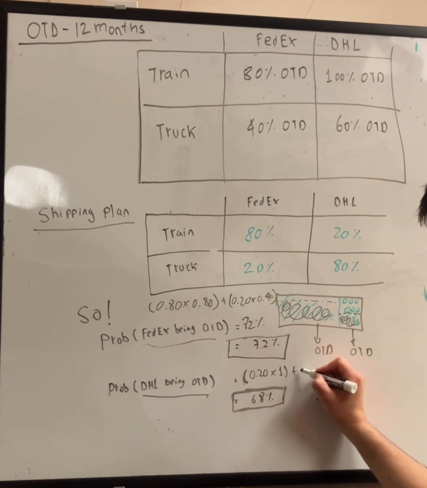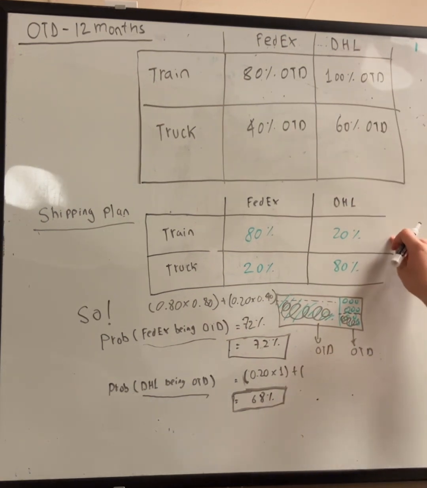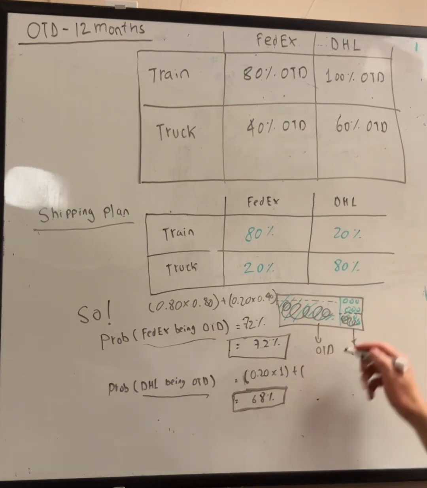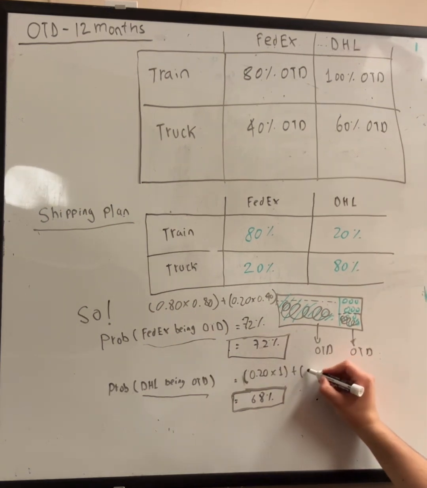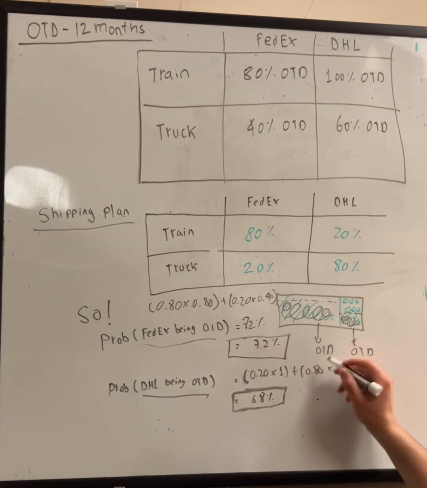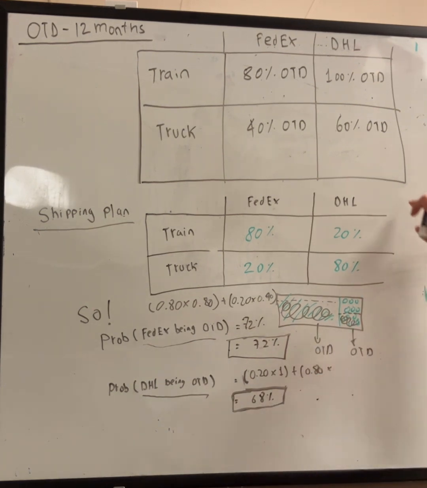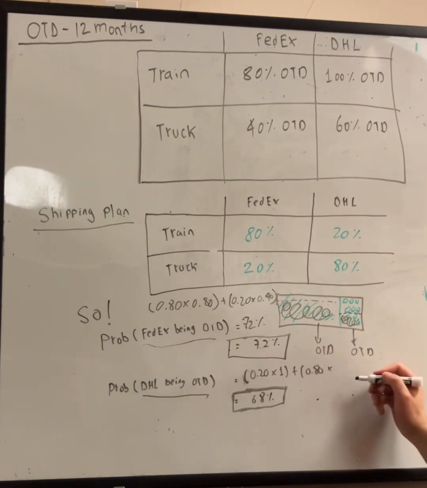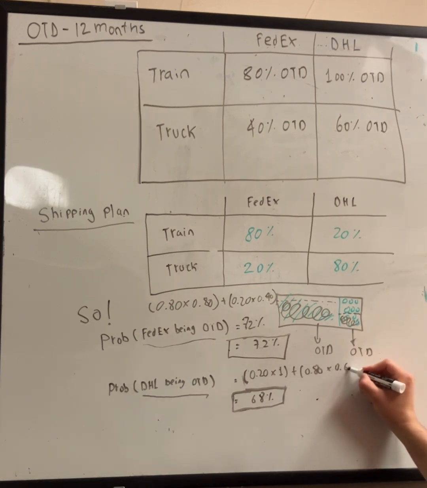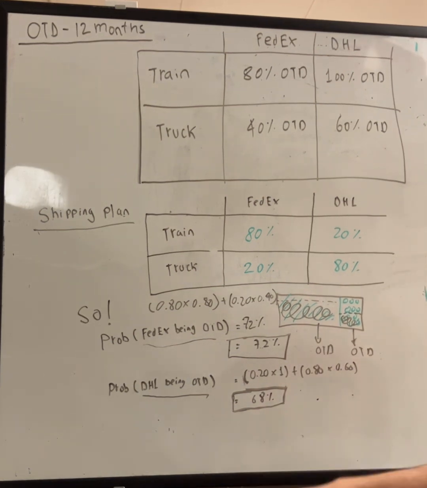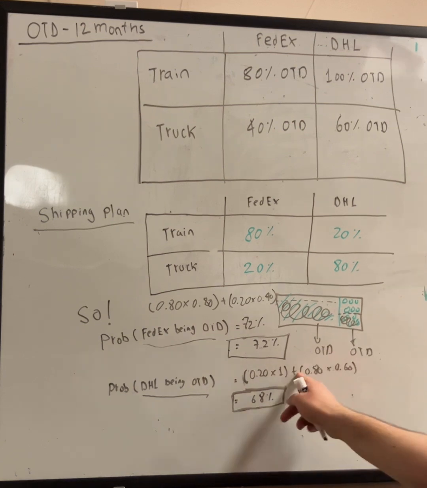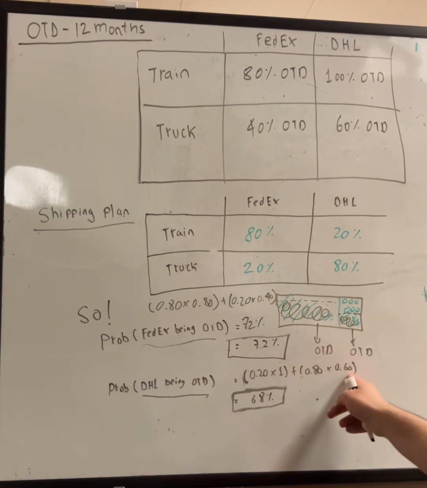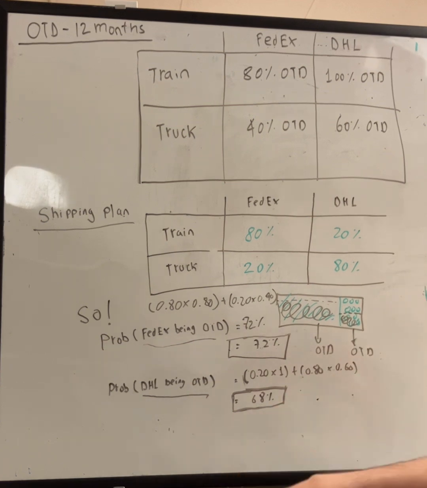Similarly, 80% of the total shipments go by truck, and out of that 80%, we're expecting 60% to be on time. That should be around 68%. 20, 48, 48, yep, 68%.